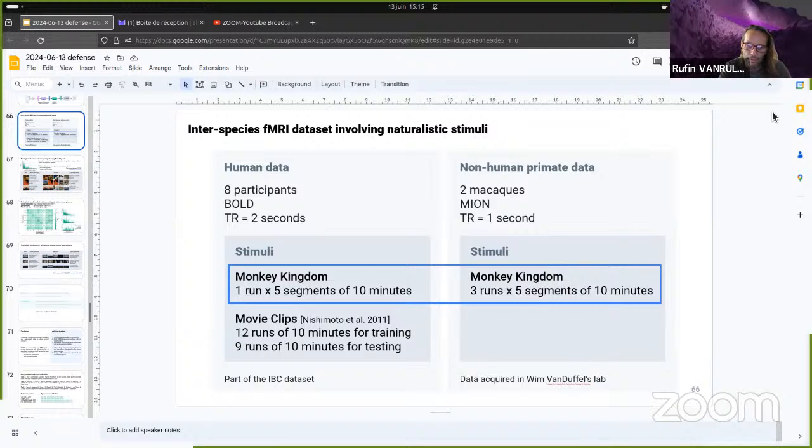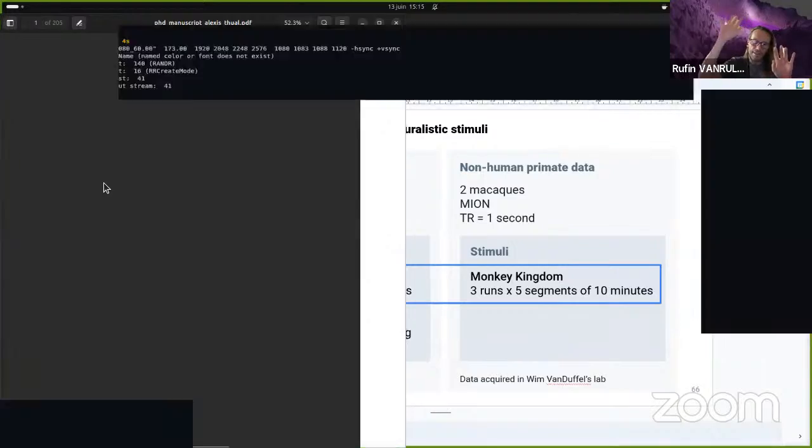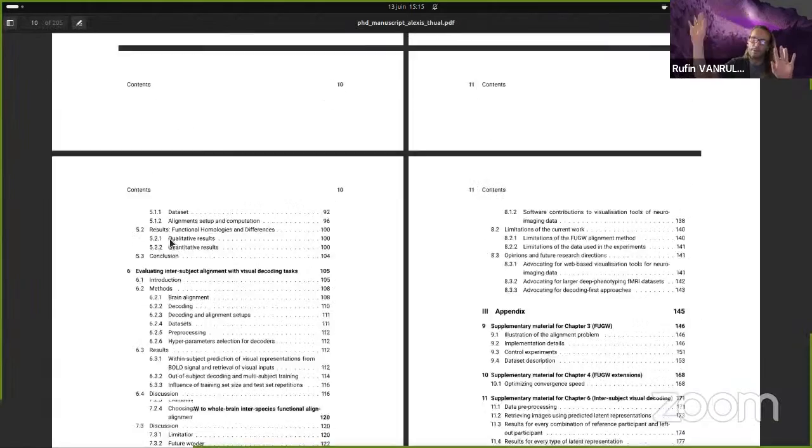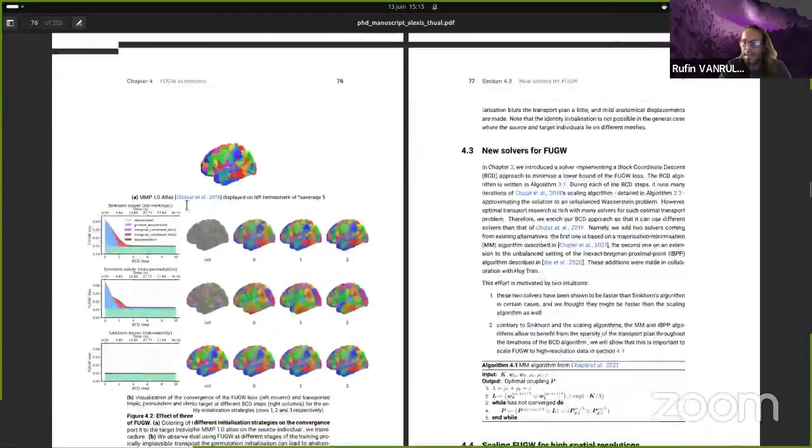But I think the question also applies to mapping between different humans. I was surprised when I looked at the results because I found them counterintuitive. So you have a figure, it's the figure 5.4, but it doesn't matter. You have a figure where we see different source subjects, human source subjects, and different monkey target subjects.